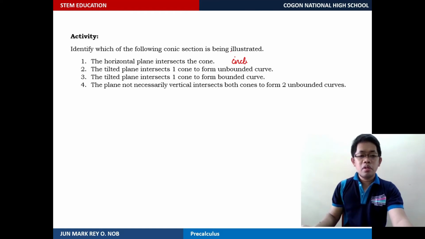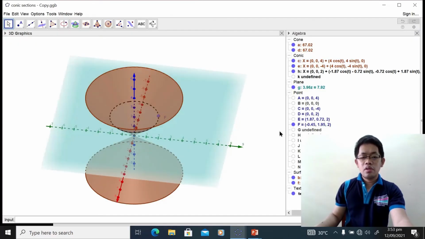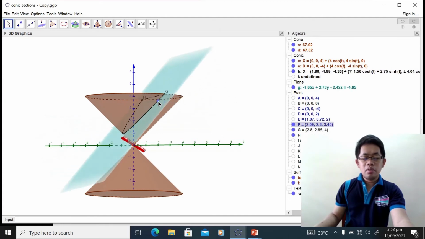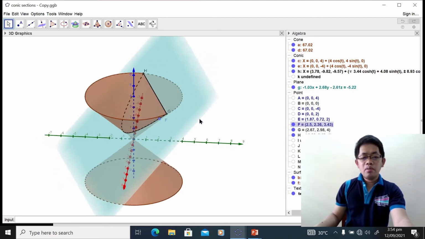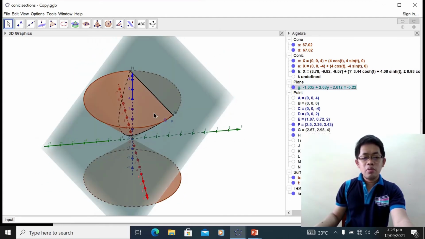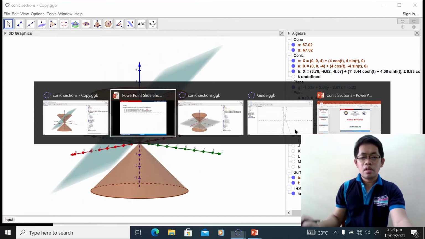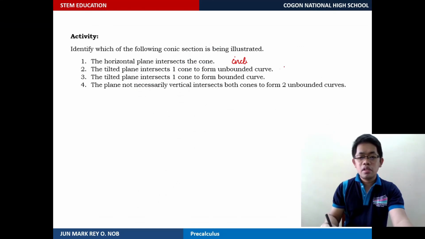For number 2, a tilted plane intersects one cone to form an unbounded curve. So when the plane is tilted and intersects one cone to form an unbounded curve, what do we have here? We have here a parabola. Okay, so number 2 is a parabola.